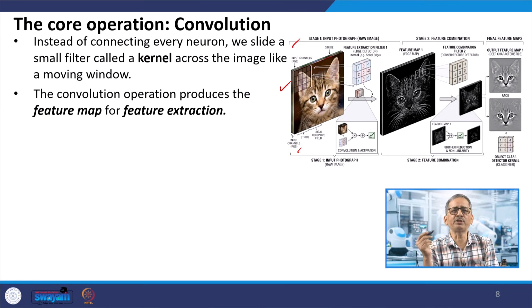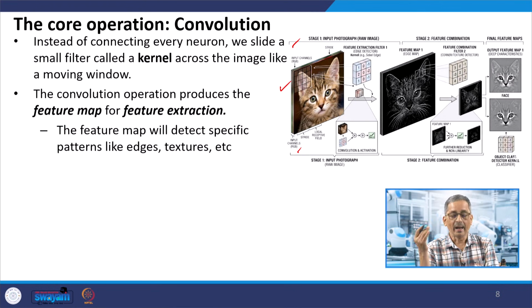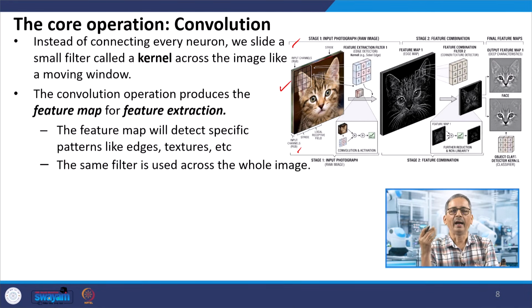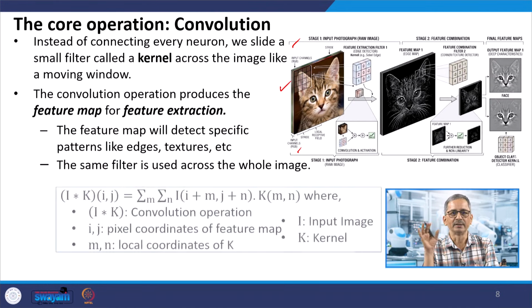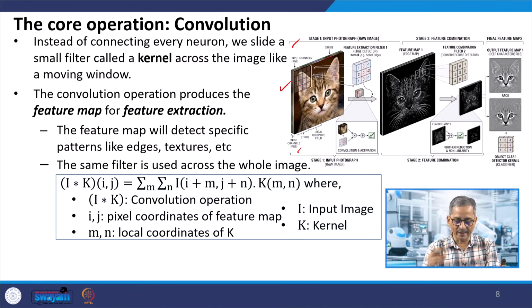The convolution operation produces the feature map for feature extraction, and the feature map will detect a specific pattern like edges, texture, etc. The same filter is used across the whole image. That is how we can explain the convolution operation. Here I corresponds to the input image and we have a kernel K, and this is our input image.